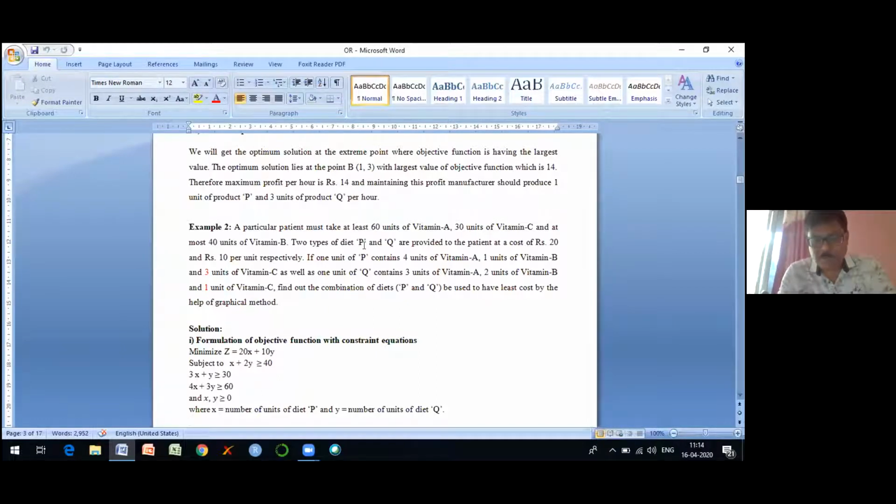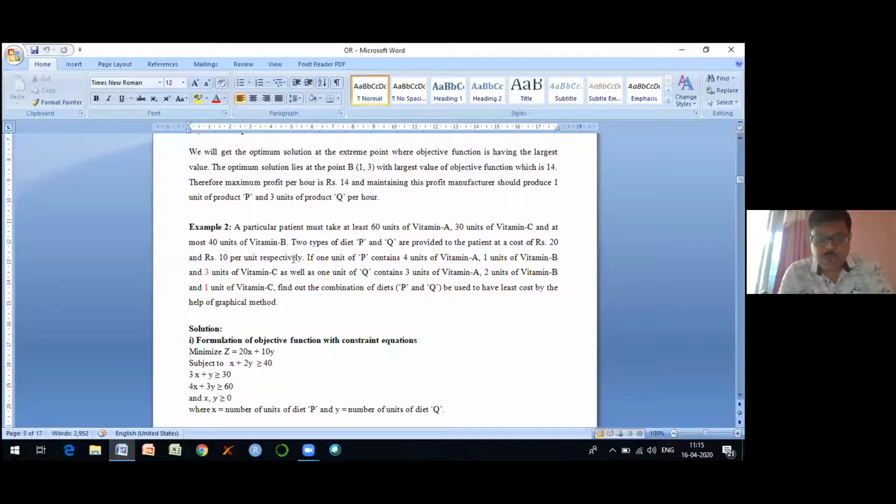So the patient requires two types of diet, product P and product Q, and from each product we can get vitamin A, vitamin C, and vitamin B. The two types of diet P and Q are provided to the patient at a cost of ₹20 and ₹10 per unit respectively.